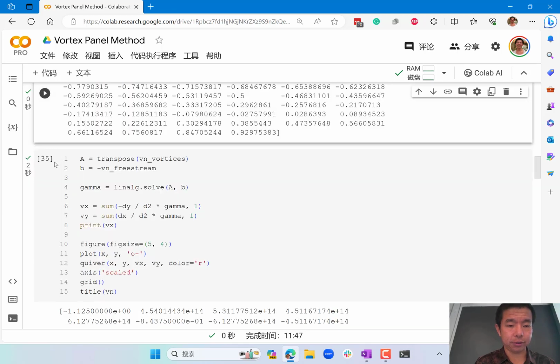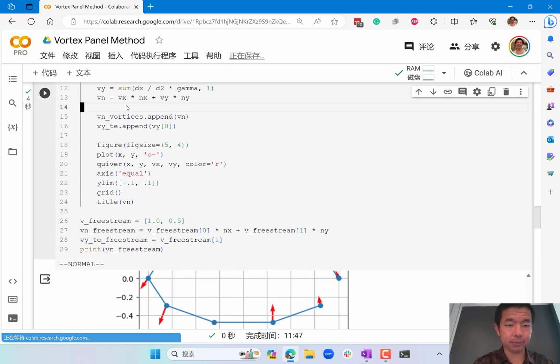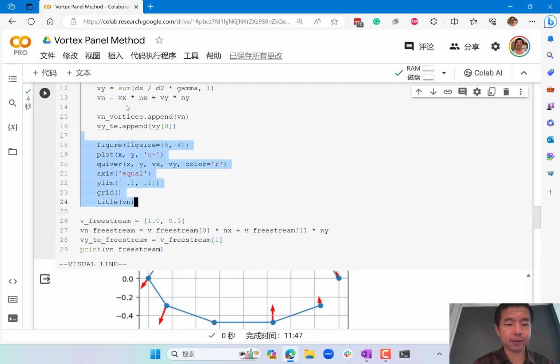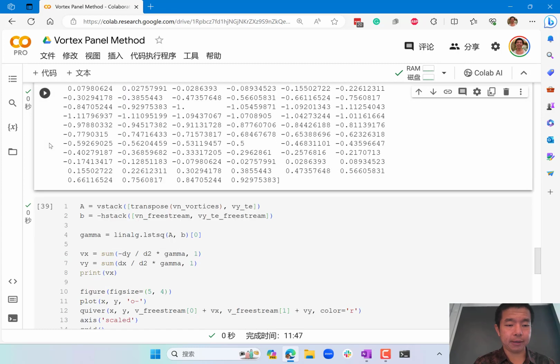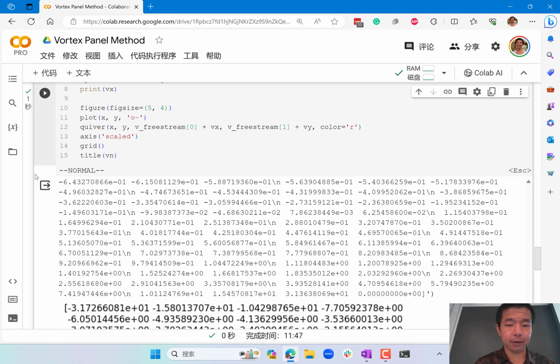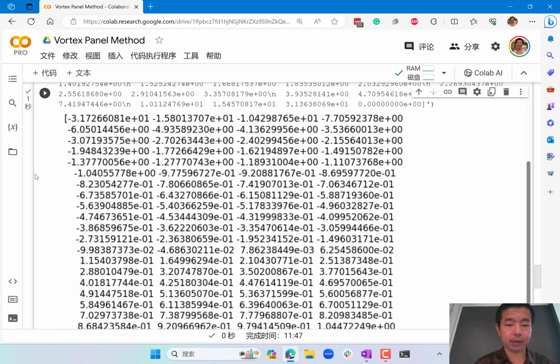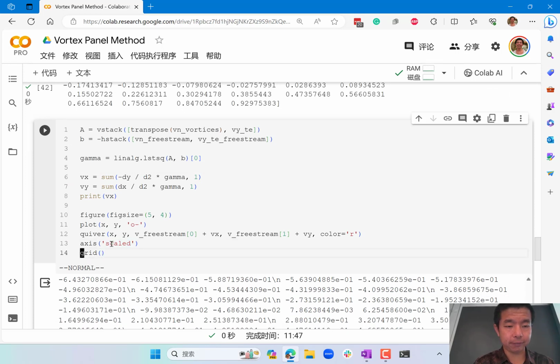Oh, actually, I should be running this one without the figures. Okay, and I can just run this one with 100 points. Let me not do the title anymore.